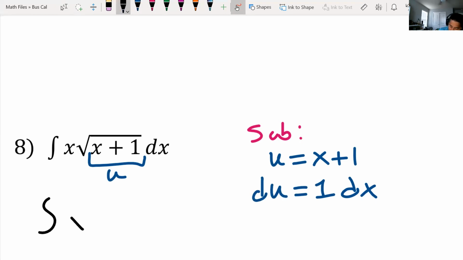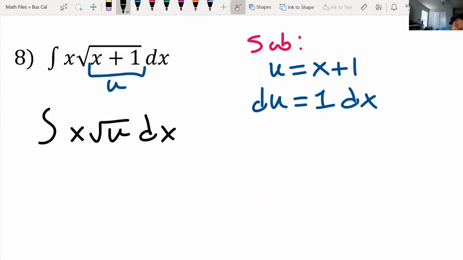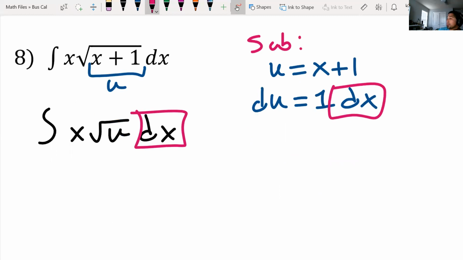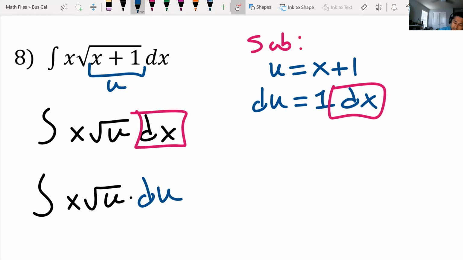We now have the integral of x times the square root of u dx. We know that this dx and that dx match up. So we are left with the integral of x times the square root of u du. And once again, we have to get rid of that pesky x.